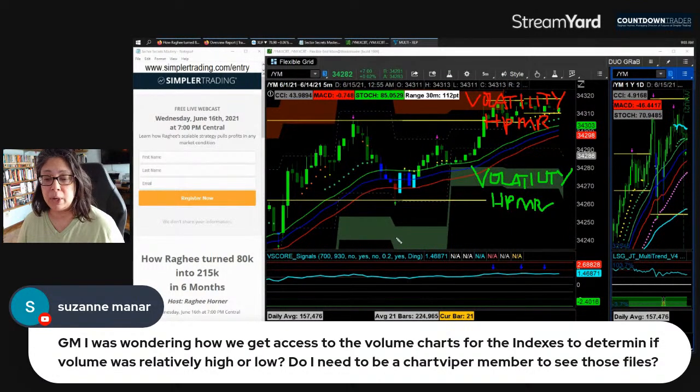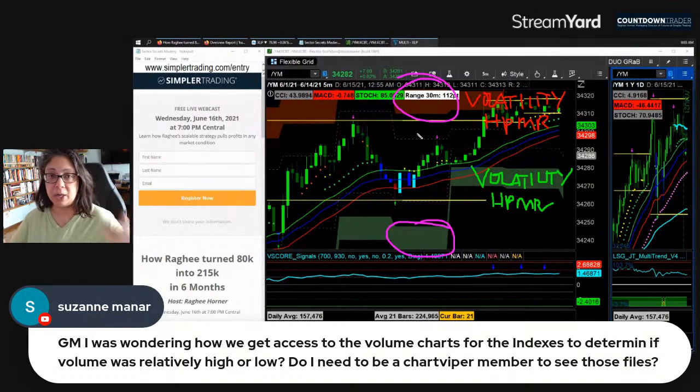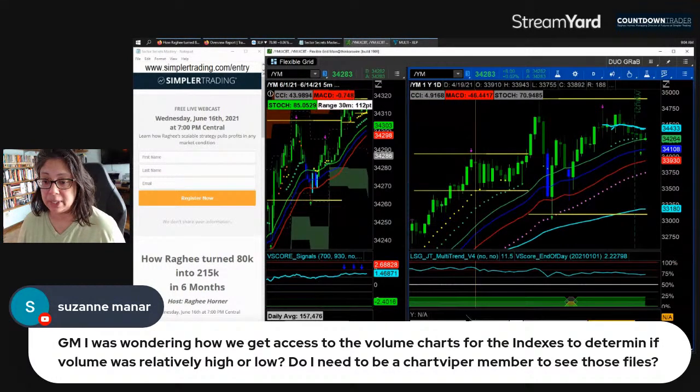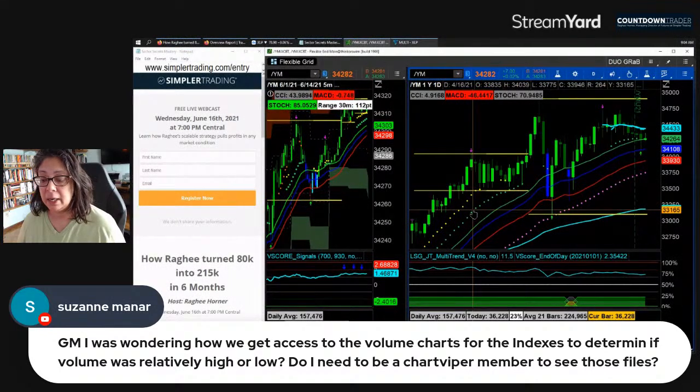So this is Thinkorswim. I think TOS calls these clouds. I don't know what they're called, but it's a function of TOS where you can put these shaded areas and we just run the calculation. So that's the difference between volume and volatility. So the questions about volume, just have a way to look at it relative to what, right? You said relatively high or low. That's why when I concocted these particular volume flags, I want to be able to look at relative to how long.